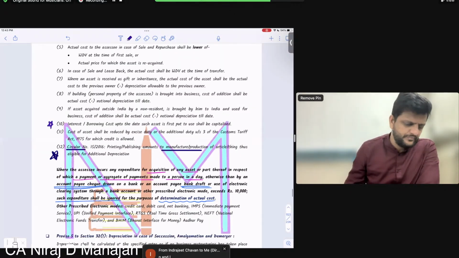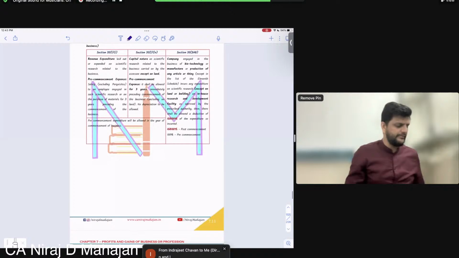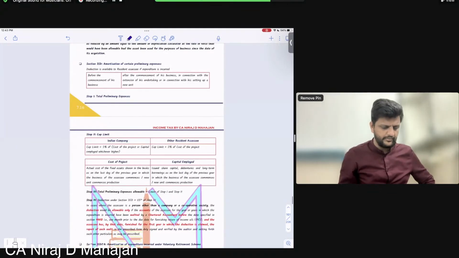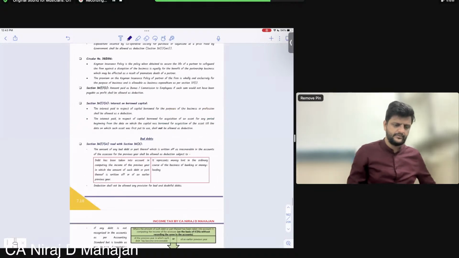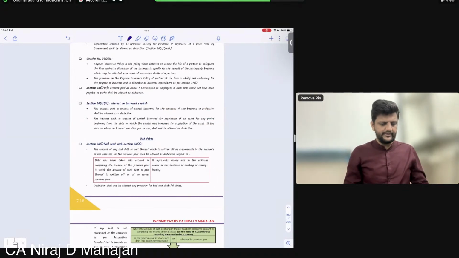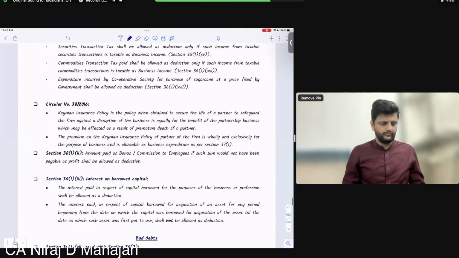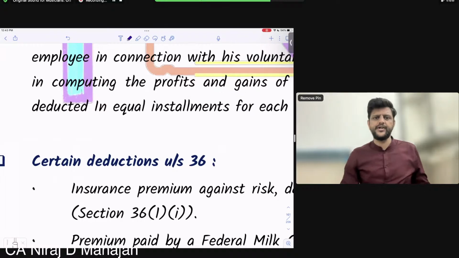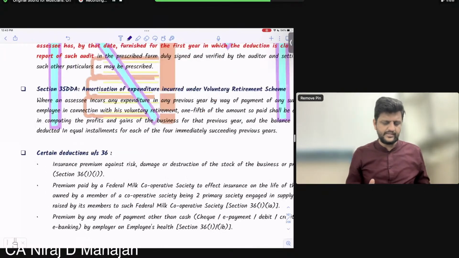Section 30 to 37 overall talks about all the deductions, allowed expenditures. In that, come to section number 36, page number 7.18. Certain deductions are given to us under section 36.